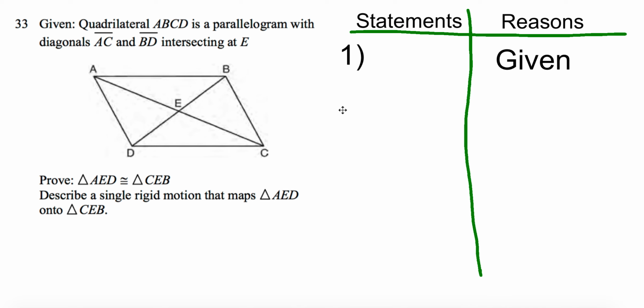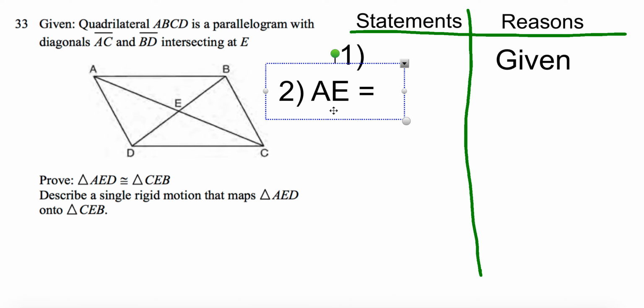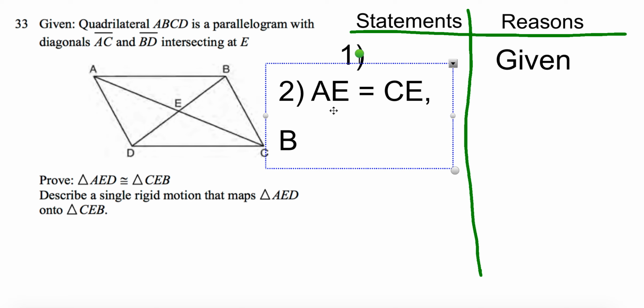Now we get to realize that second one, I can say that AE is equal to CE, as DE is equal to DE.